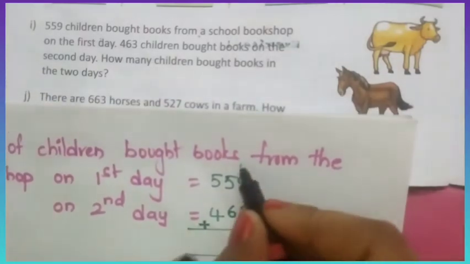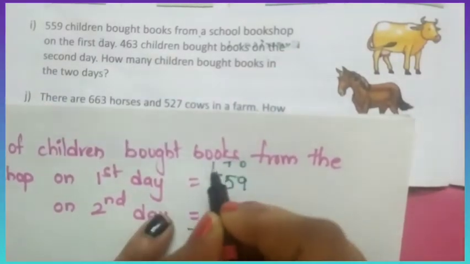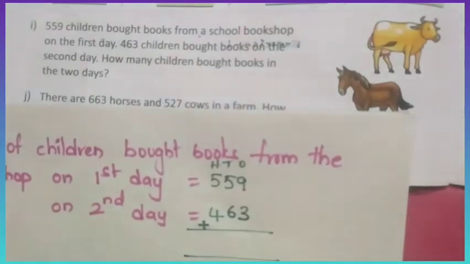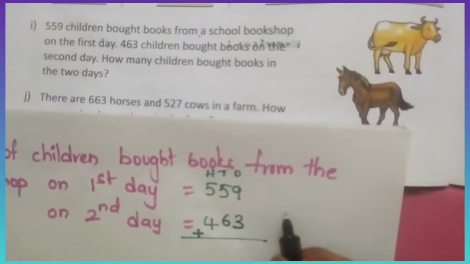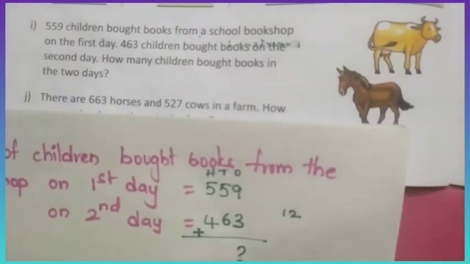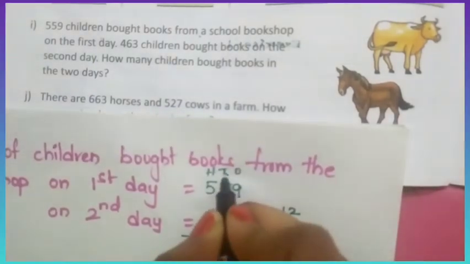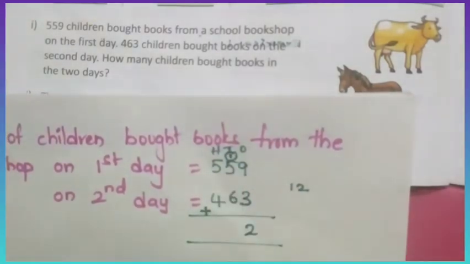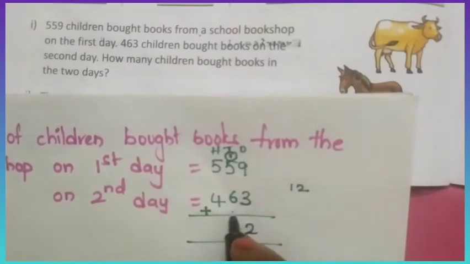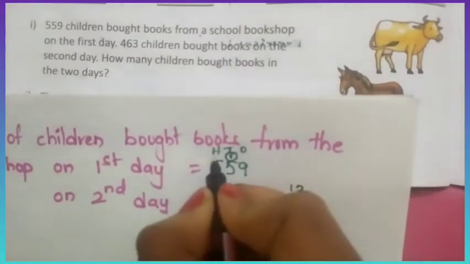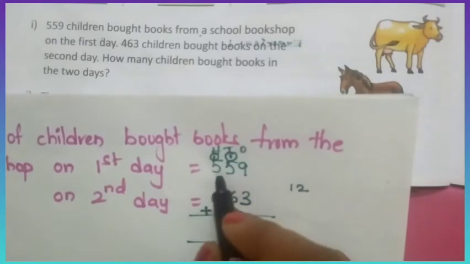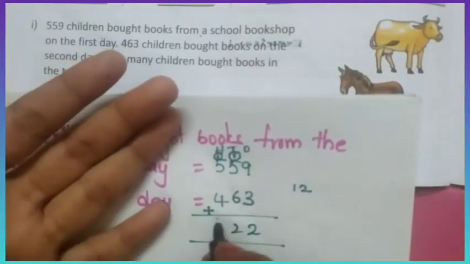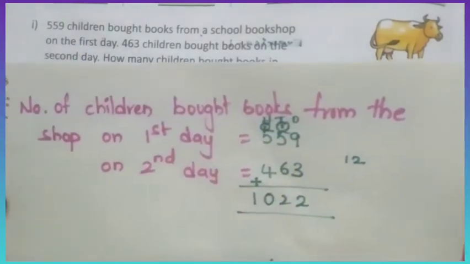Ones, tens, hundreds. 9 plus 3, 12. 12 is a 2-digit number, so we'll write 2 here, 1 taken as carry. 1 plus 5, 6. 6 plus 6, again 12. 2 is here and 1 taken as carry. 1 plus 5, 6. 6 plus 4, 7, 8, 9, 10. 1022.